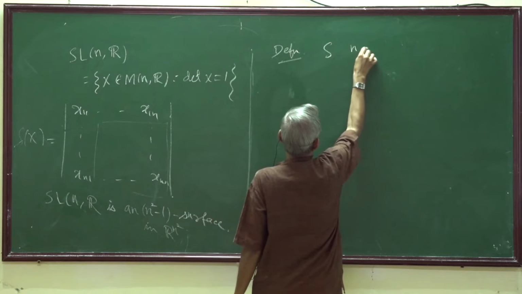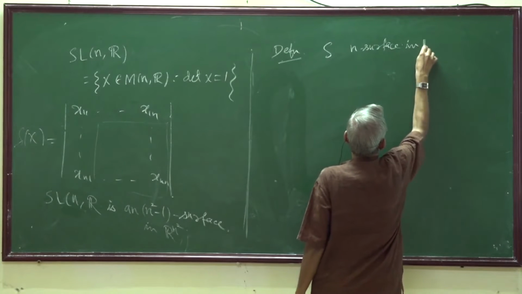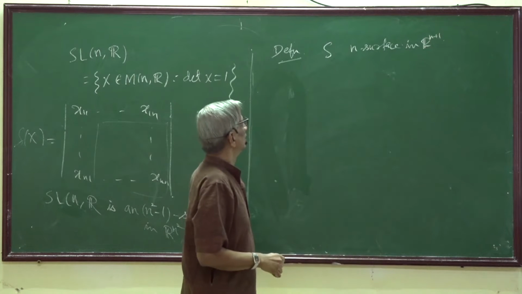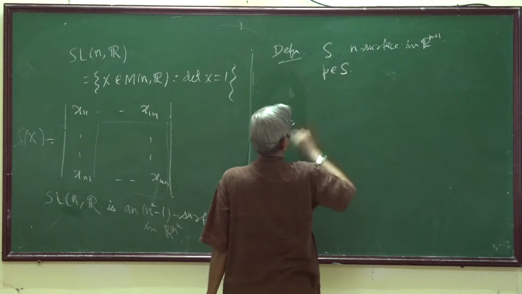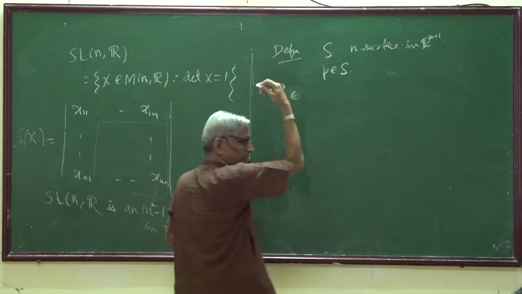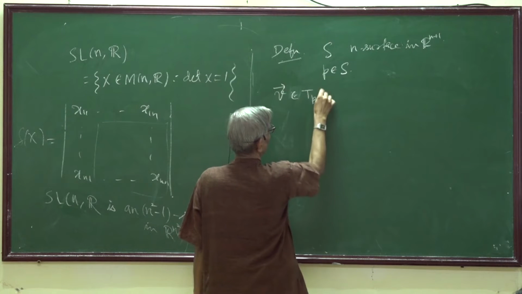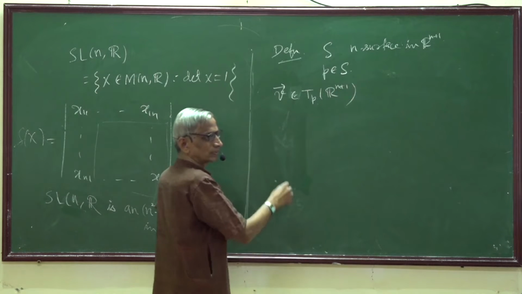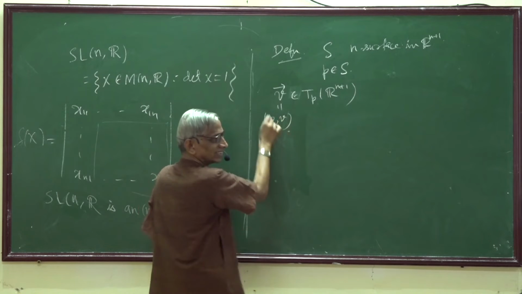As in an n-surface, always this will be the... P, the point in S, and V. So let me use the notation that was used yesterday. So this is (P, V), right?